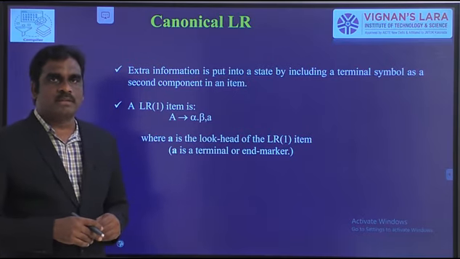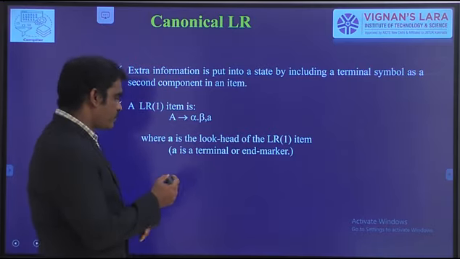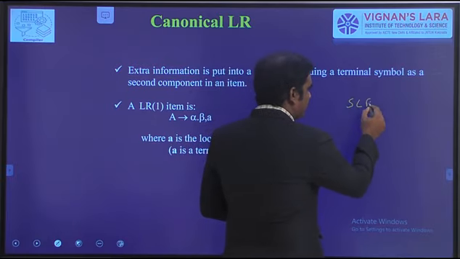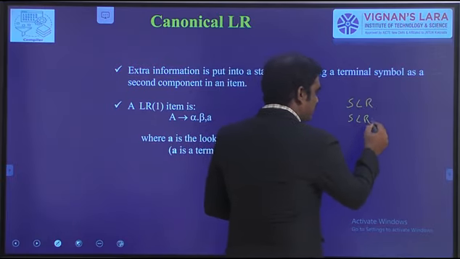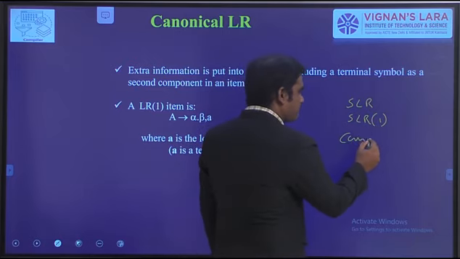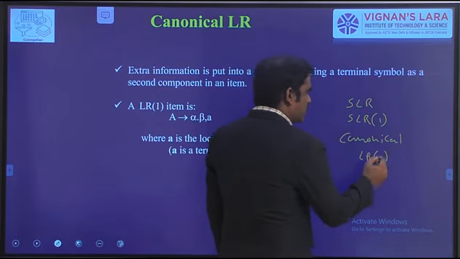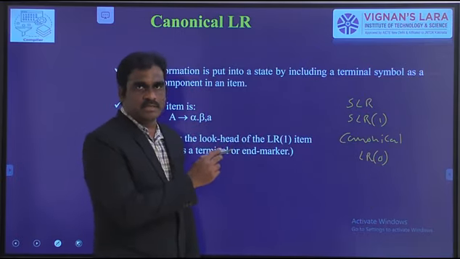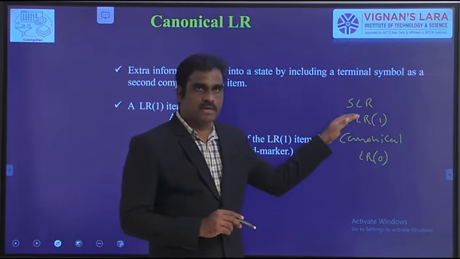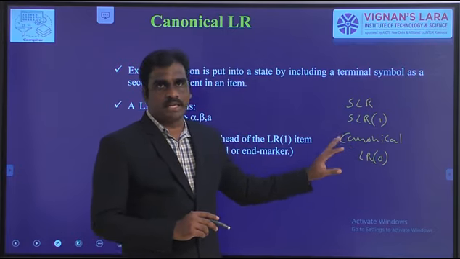And the second one is, in SLR, we can call it construct SLR or SLR of 1 or canonical LR of 0 items. Almost all are the same; the names are the same.